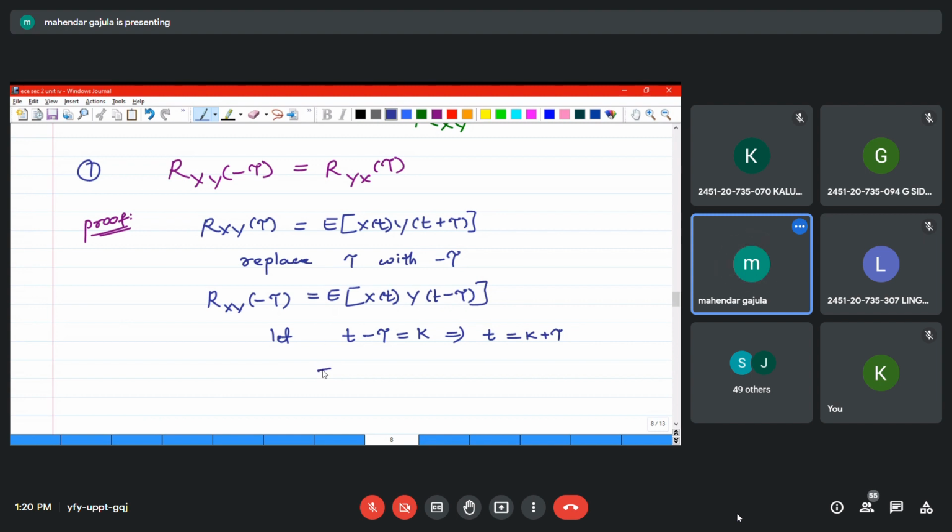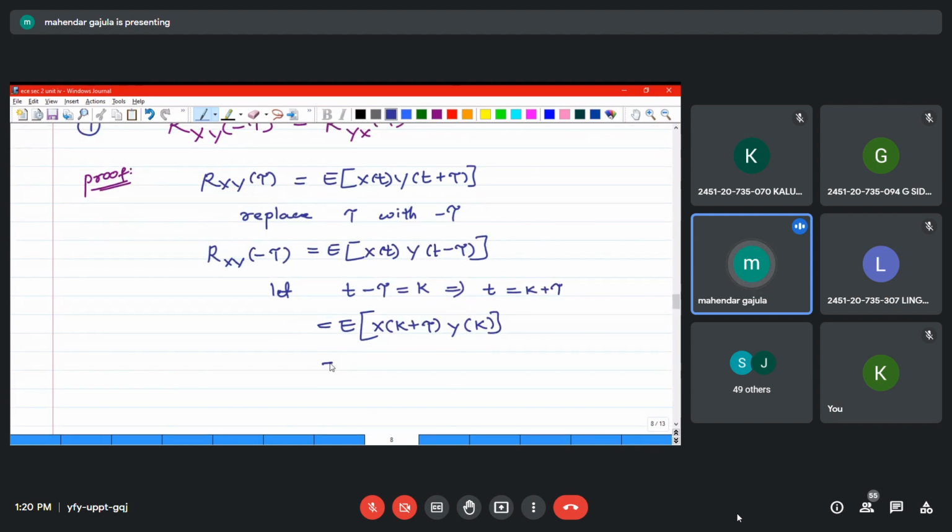Yeah, so we can write expectation of x, t means k plus tau, and yt minus tau is k. So according to the formula, let us rearrange this as expectation of yk times xk plus tau.